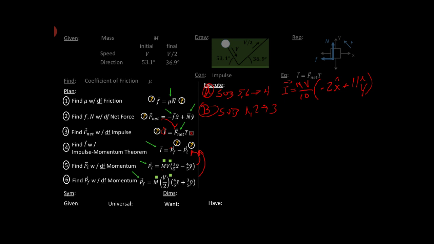All right, so whatever I've got here is actually equal to this stuff times t. So we have minus f x hat plus n bar y hat times t.